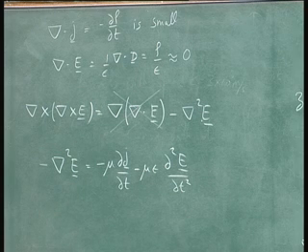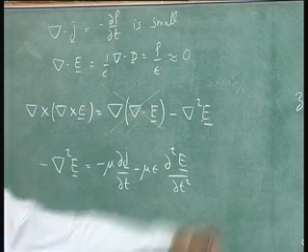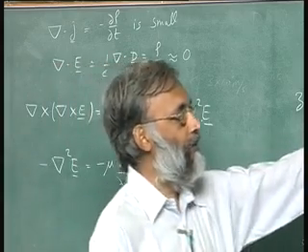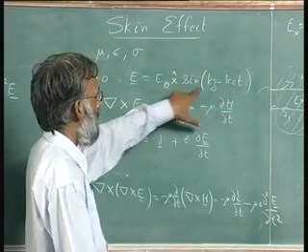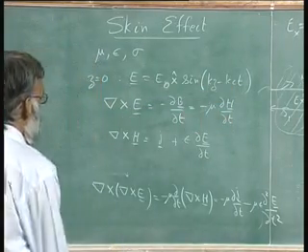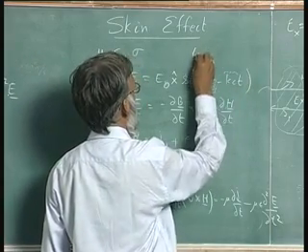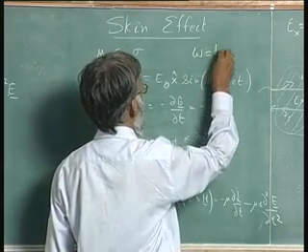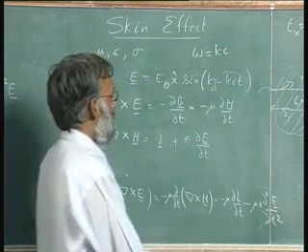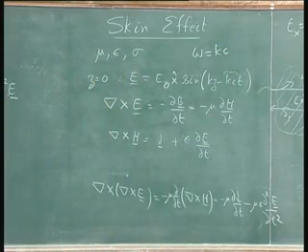I am going to specialize to one dimension, and I am going to use the fact that my electric field has a very specific form, and incidentally I am going to call this k c as omega. It is just notation, we will understand what k and omega are in a little while.